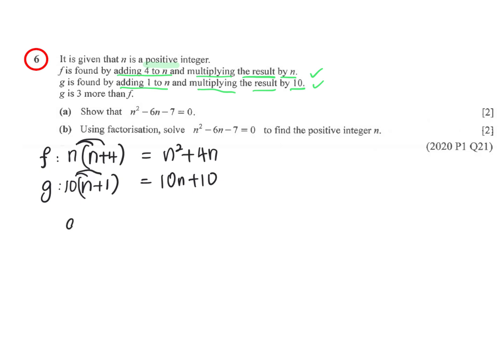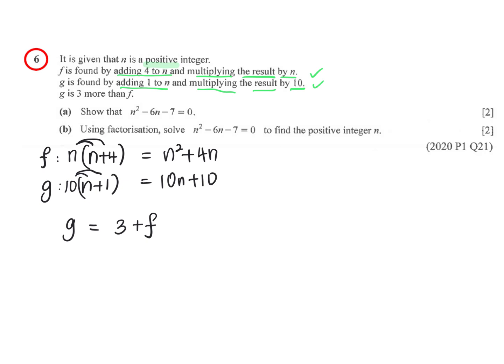G is means equal, right? 3 more than f. So f plus another 3 will give you g, right? So g is means equal, 3 more than f, f plus 3.